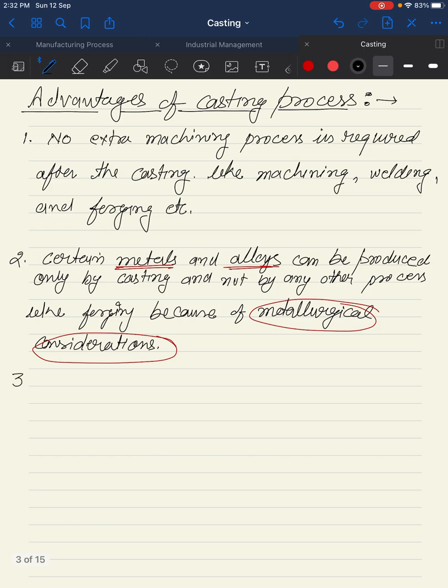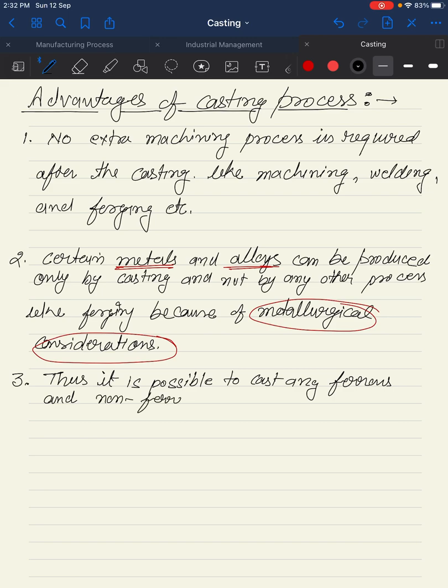Third point, this is very important: it is possible to cast any ferrous and non-ferrous materials, because sometimes we are limited by the ferrous and non-ferrous material, so that you cannot perform a particular process on that material.